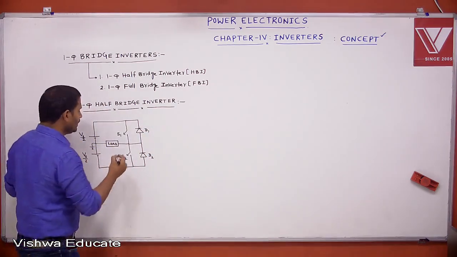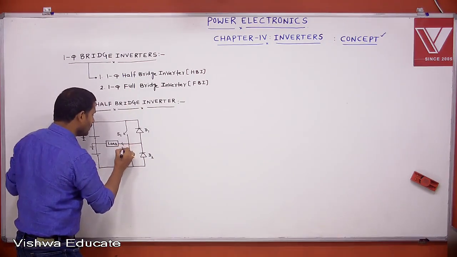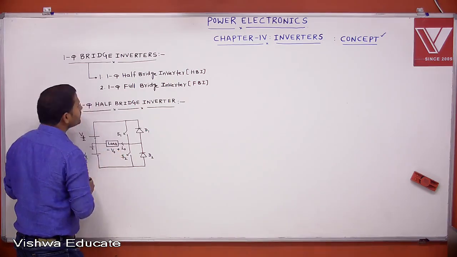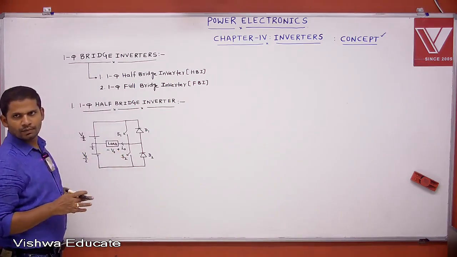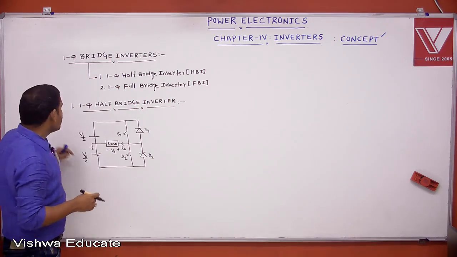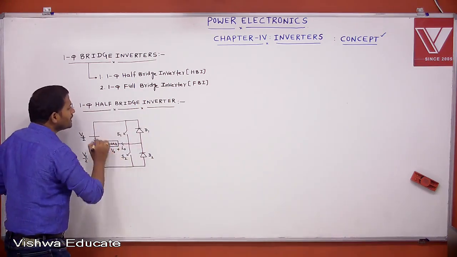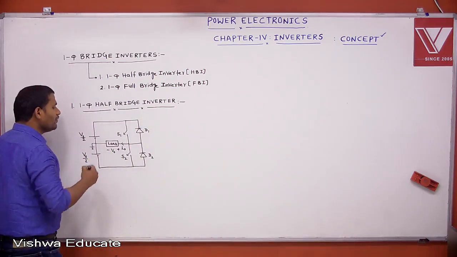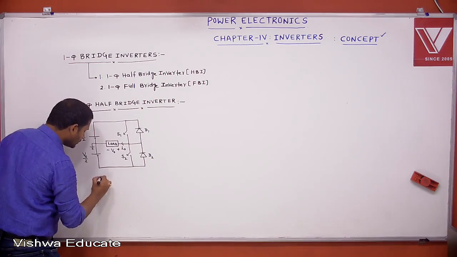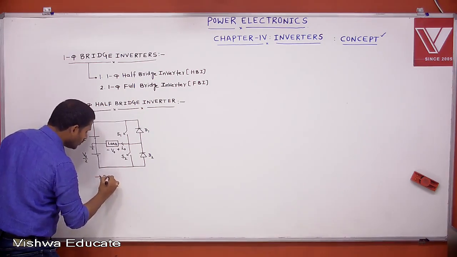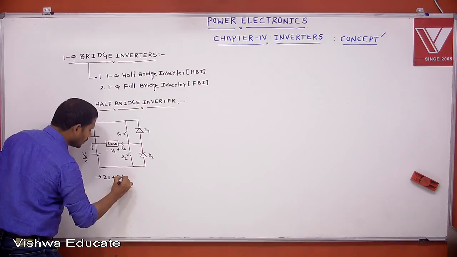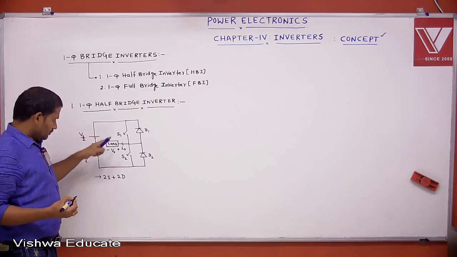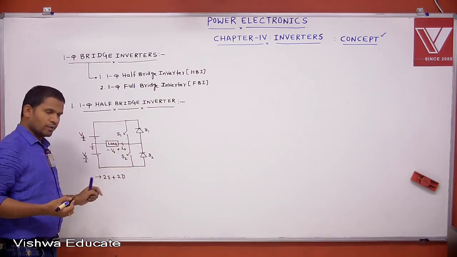Let I0 be the load current, V0 the load voltage. This is the configuration of the single phase half bridge inverter. That is, it consists of how many switches? 2 switches plus 2 diodes.